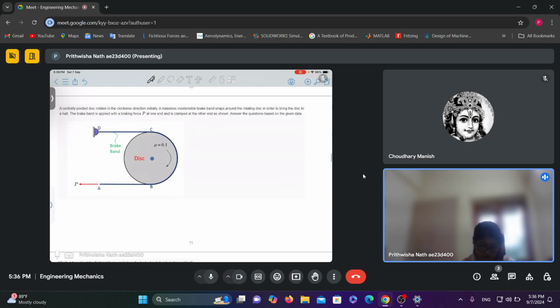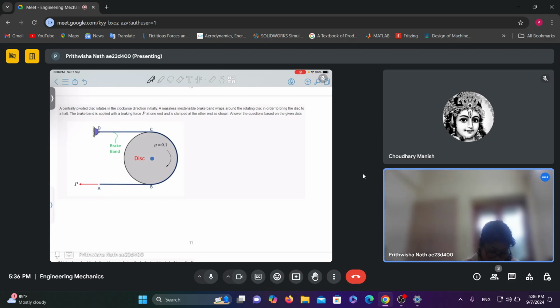A centrally pivoted disc rotates in the clockwise direction initially. A massless inextensible brake band wraps around the rotating disc in order to bring the disc to a halt. The brake band is applied with a braking force P at one end and is clamped at the other end as shown.